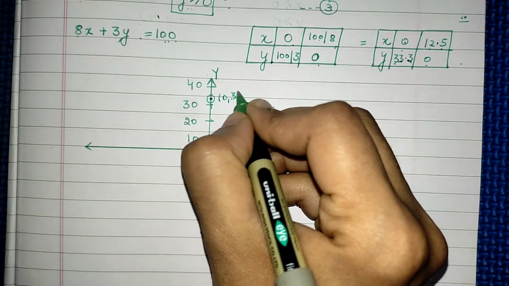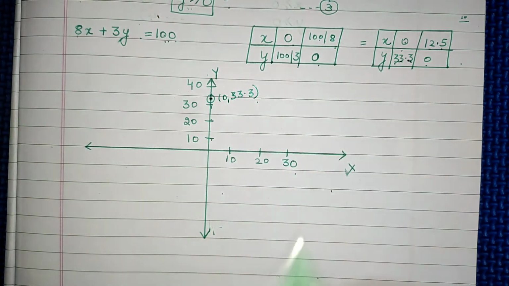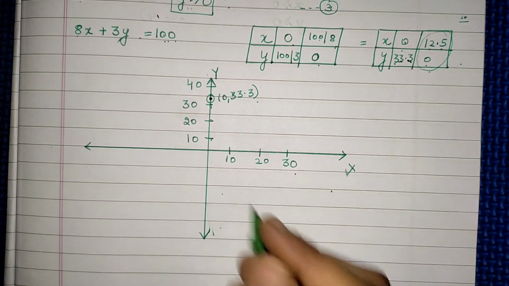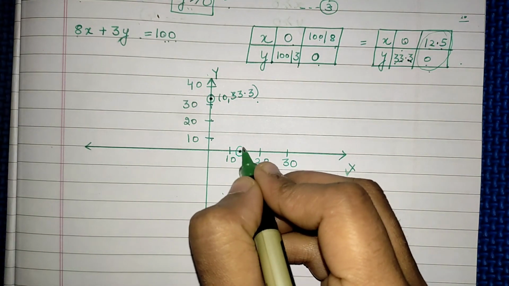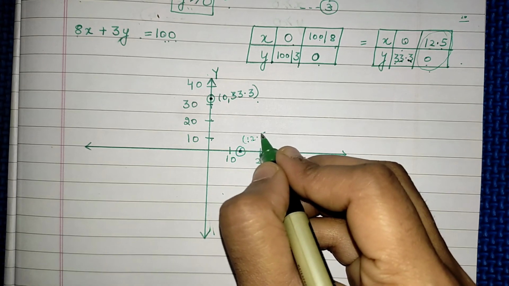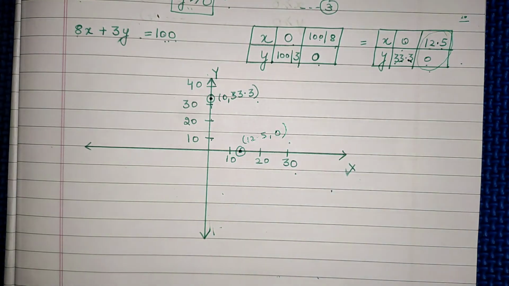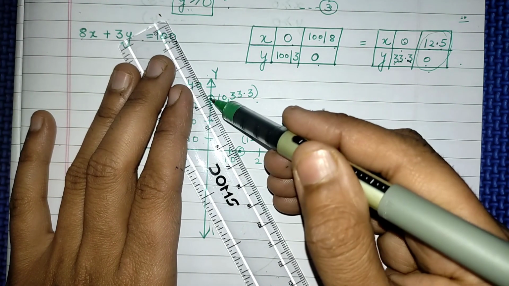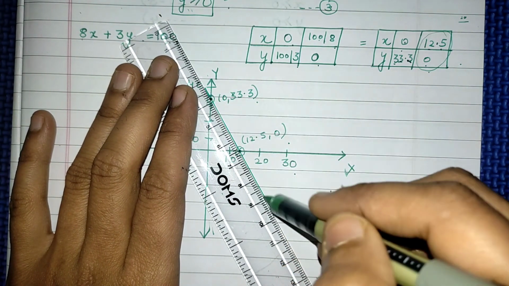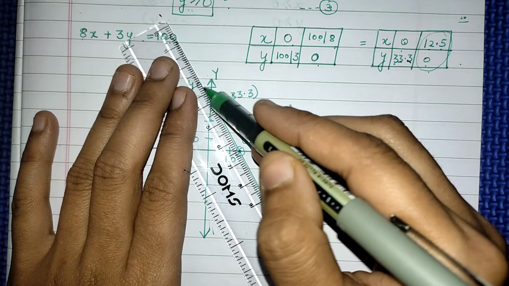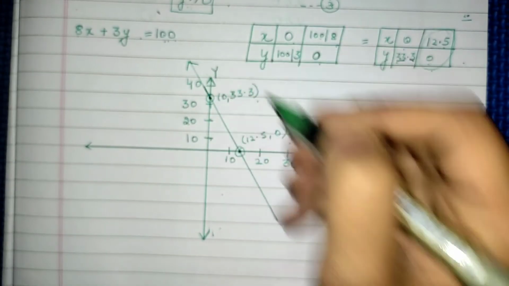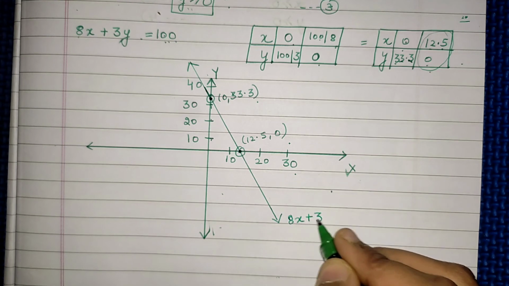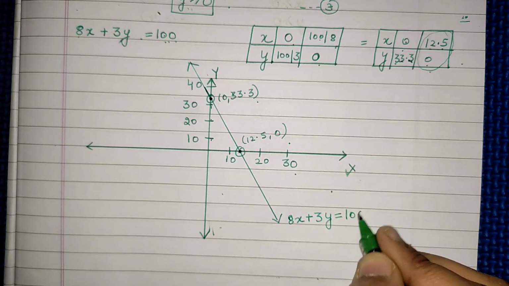The second point is 12.5, 0, which will be here. Okay, so join these two points and you will get your line, which is 8x plus 3y is equal to 100.